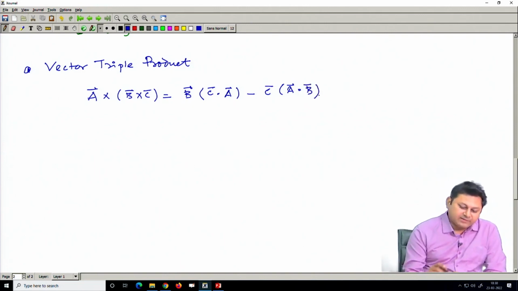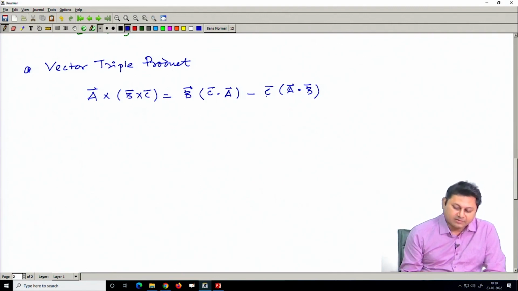You can see that the left hand side, A cross B cross C, is a vector quantity. On the right hand side, C dot A is a scalar, but it is multiplied with the vector B, and A dot B is a scalar which is multiplied with the vector C. So, the right hand side is also a vector quantity, which it should be.